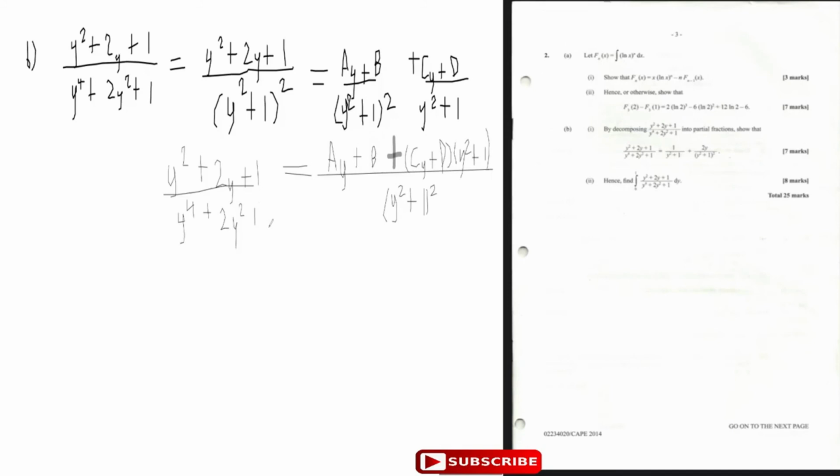Now, what did we learn in primary school? We learned in primary and preparatory school that whenever the denominators are the same, we equate the numerators.